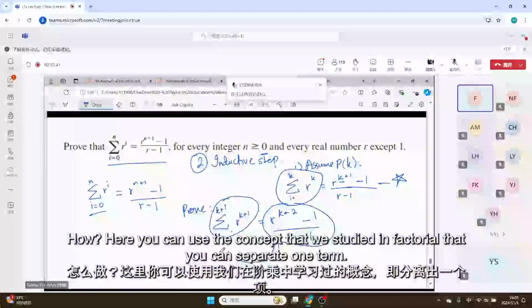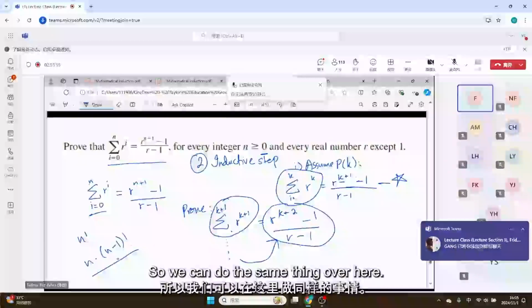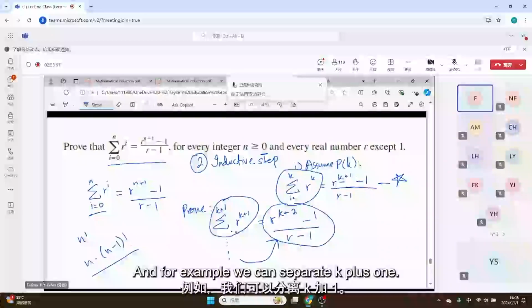How? Here you can use the concept that we studied in factorial, that you can separate one term, and this is based on your recursive definition. We can do the same thing over here. For example, we can separate the k plus 1 term.